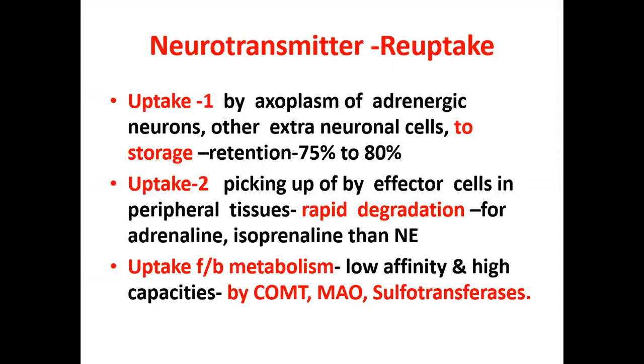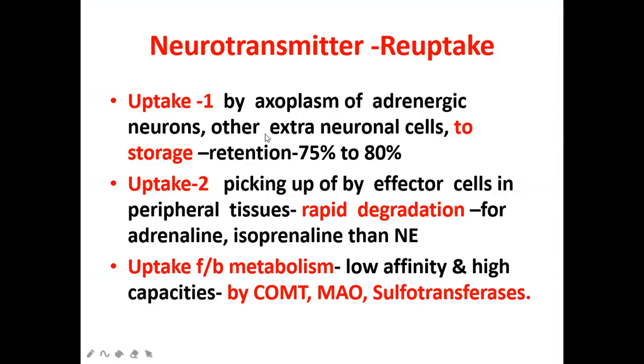Now, when you talk about the reuptake mechanisms of neurotransmitters, there are two: reuptake 1 and reuptake 2. Reuptake 1 occurs by the axoplasm of the adrenergic neuron and other extraneuronal cells, for storage or retention.